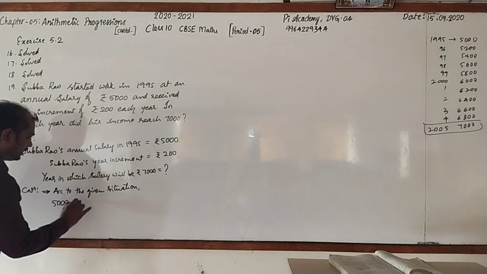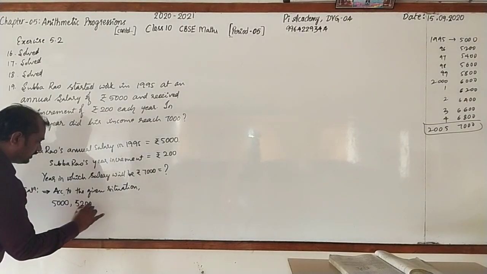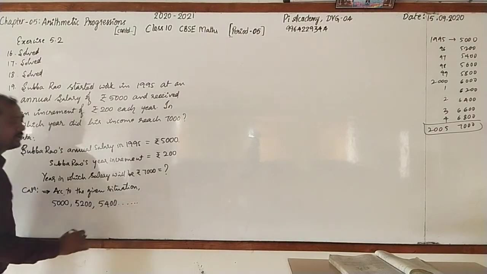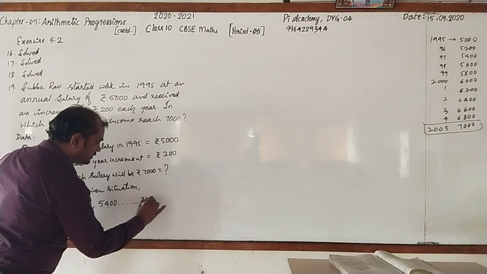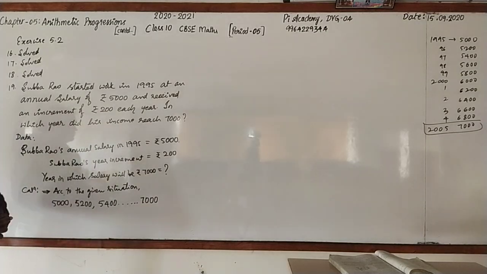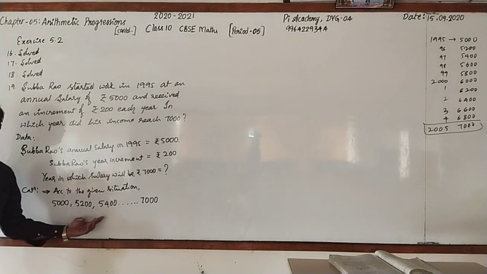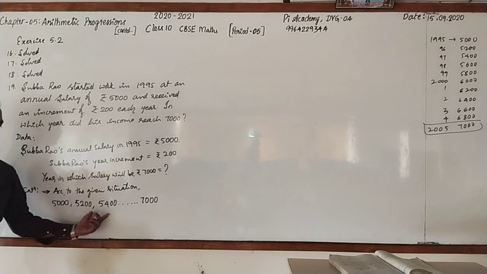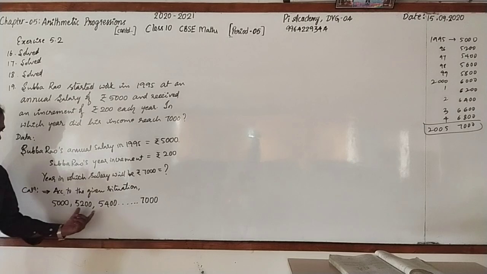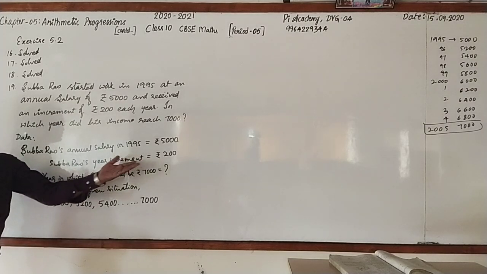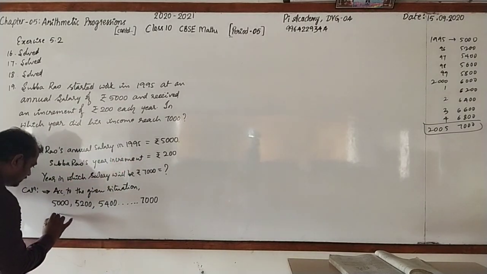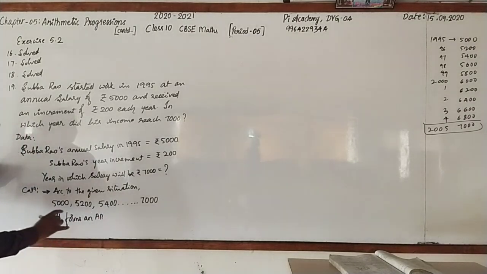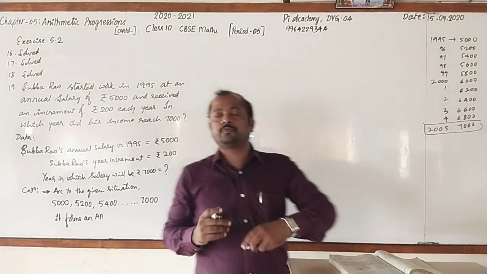Next, 1996, 5,200. Next, 5,400, and so on. At last, it is 7,000 rupees. Followed? Is it in AP? Definitely. How do you say that? Because the difference is 200. Look here, 200, 200. The annual increment is 200. It forms an AP. Using that AP concept, we should find out.